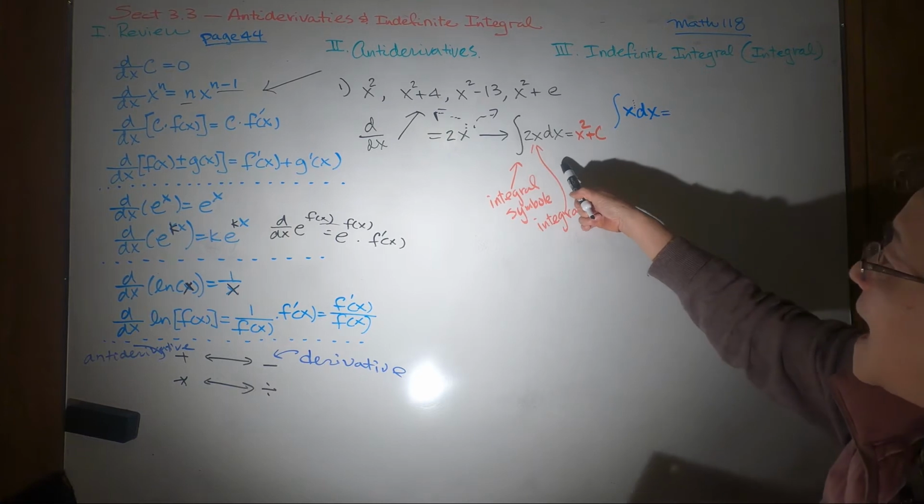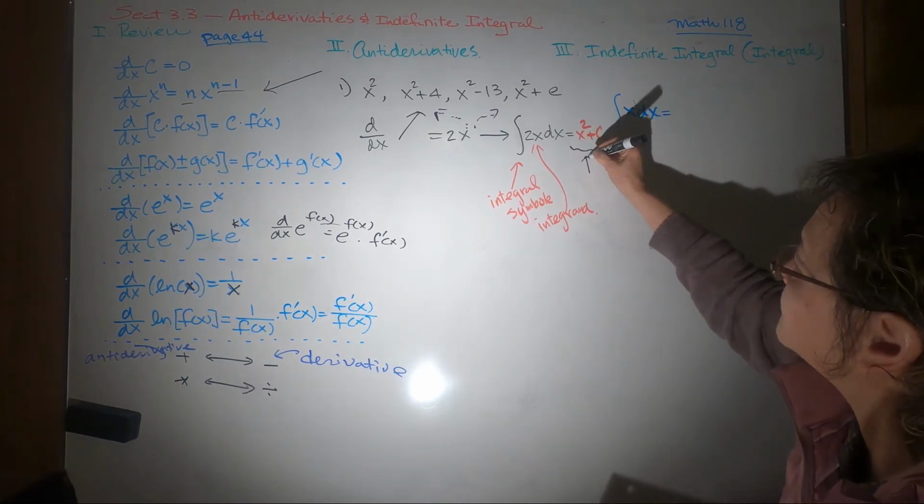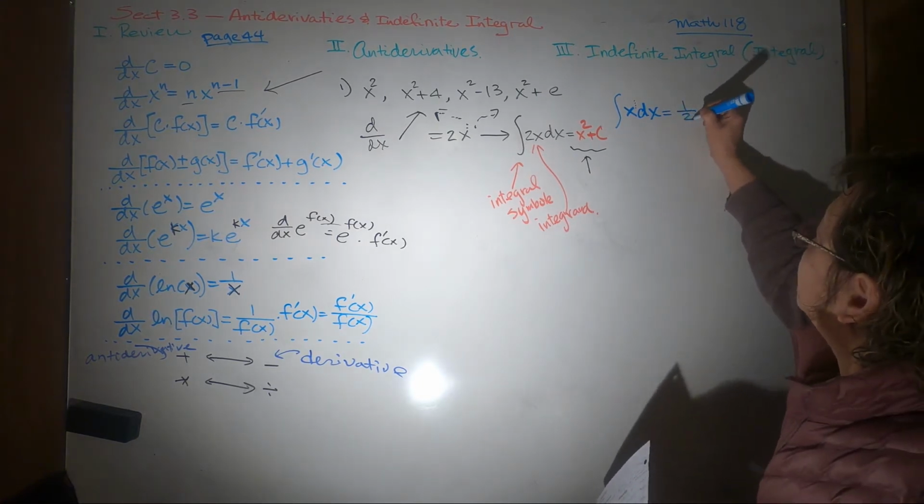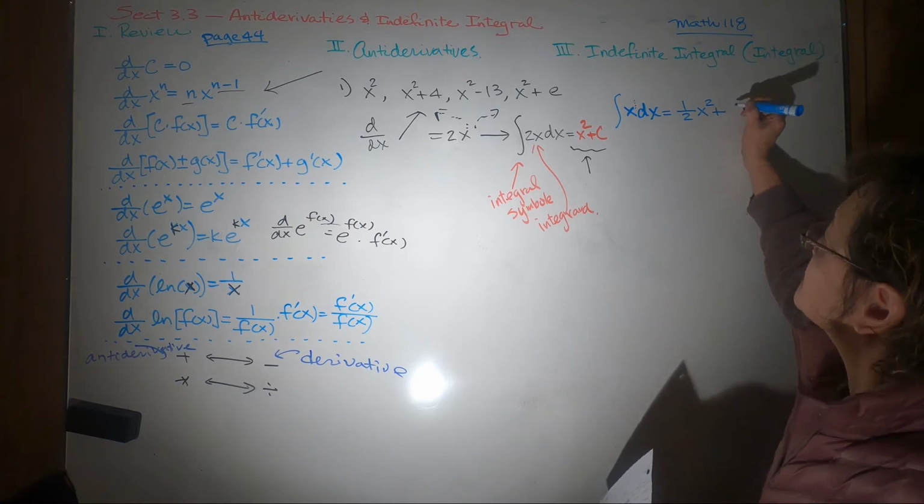So when I go back, I should have half of this guy. Is that right? So I should have half of x squared plus c.